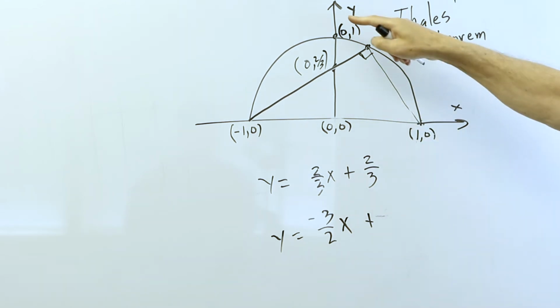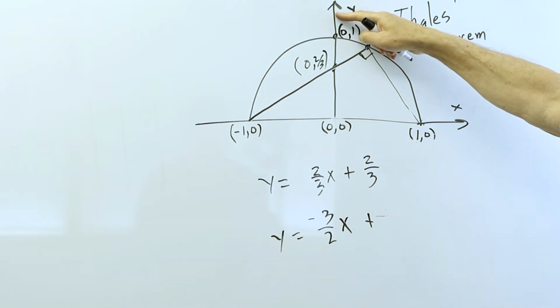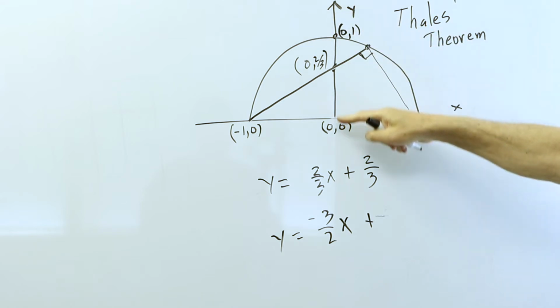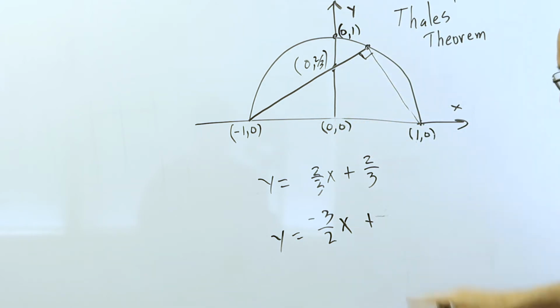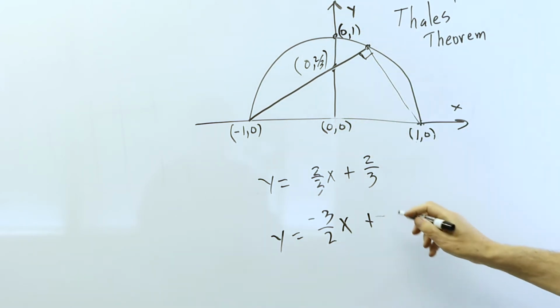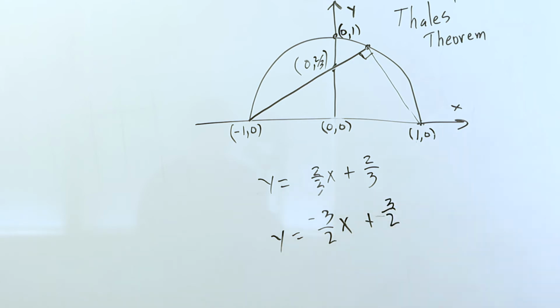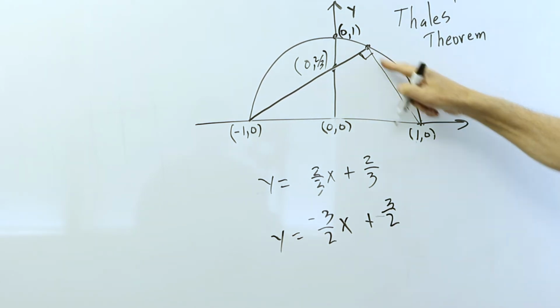So that means I have to drop from 3/2 so that my rise is -3/2. So this y-intercept will be 3/2. Now, for this other line, same thing.